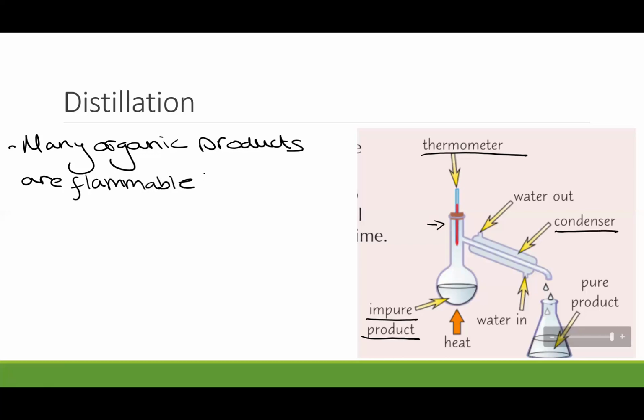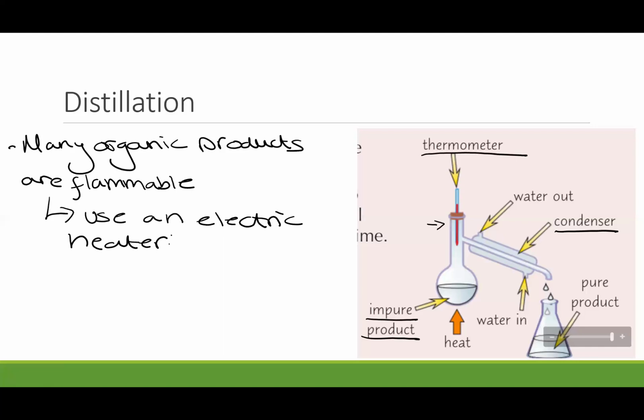But because many organic products are flammable, what you should actually use is an electric heater. And that just makes it a little bit safer. That's because if there's any leftover organic product on the outside of a bottle, because of a small amount of spillage that you might not have been able to help or even notice, it stops that risk of them setting on fire because of their flammability. So that's just something to keep in mind.